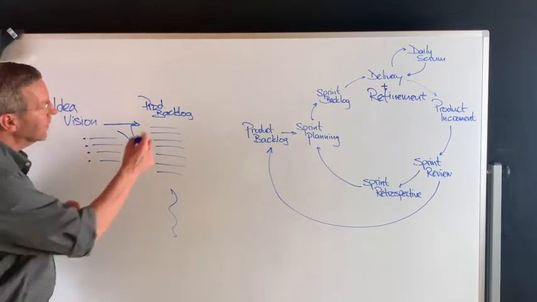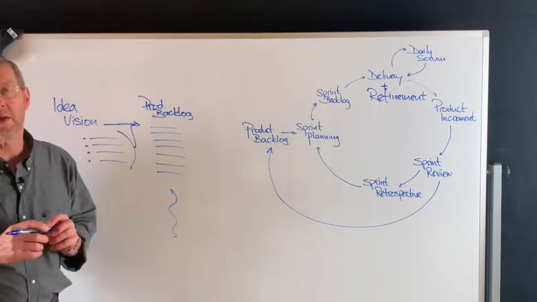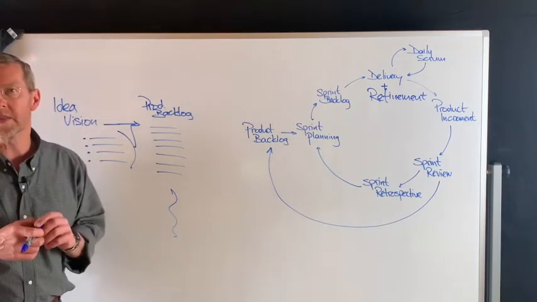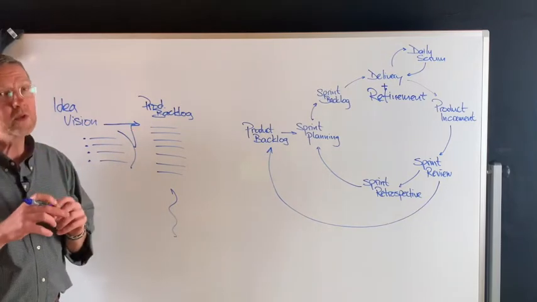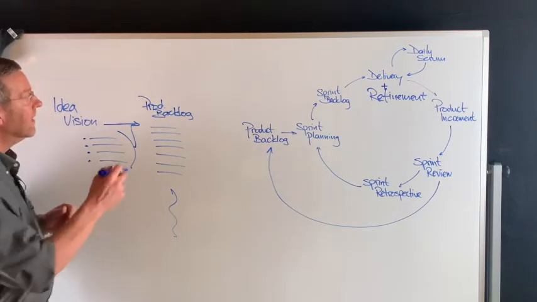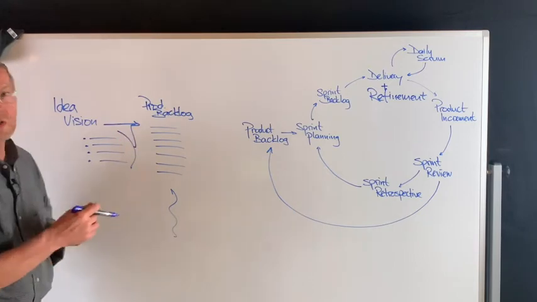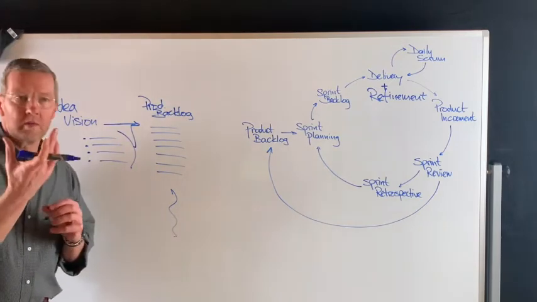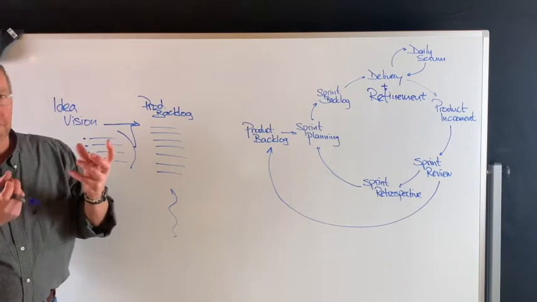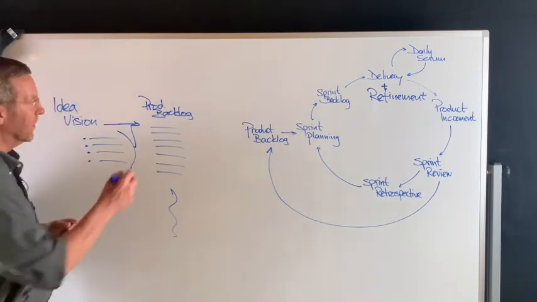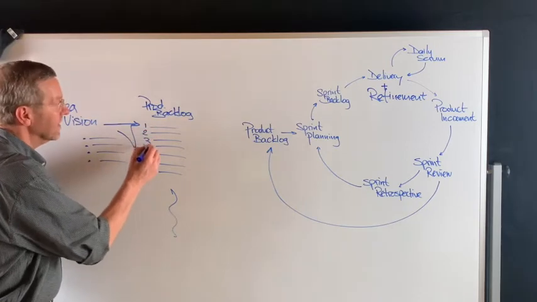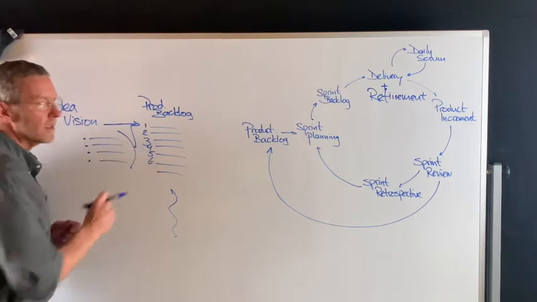So rather than working out that whole product backlog and all the nitty-gritty detail, we can start zooming in. We can only zoom in if and when the people who did that initial refinement, the product people, the business people, the technical specialists, have determined what's most important. There is a prioritization in the list.